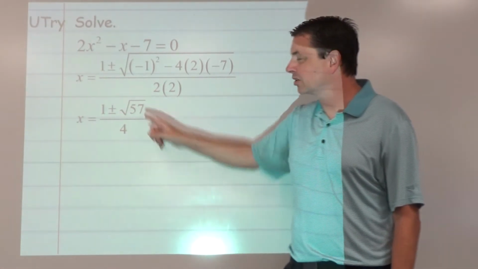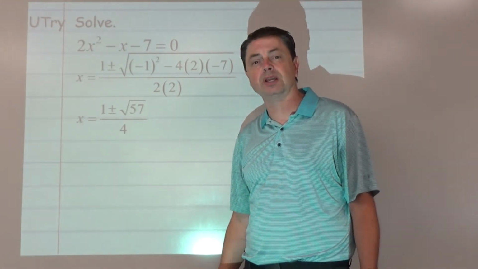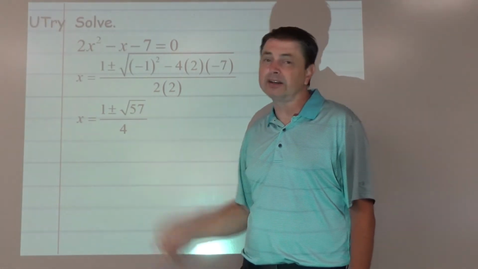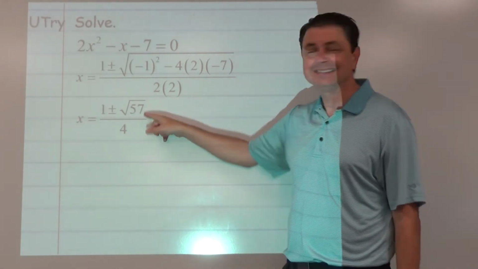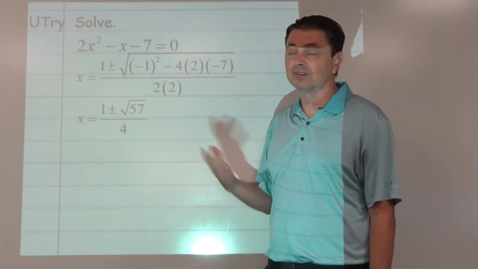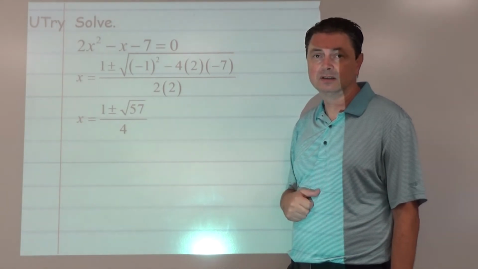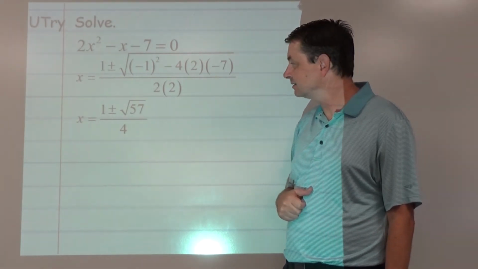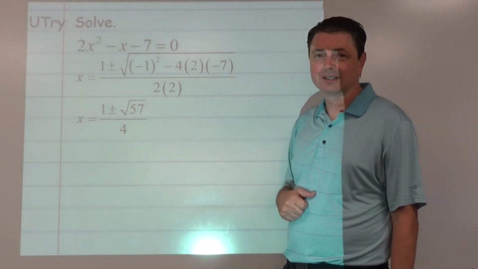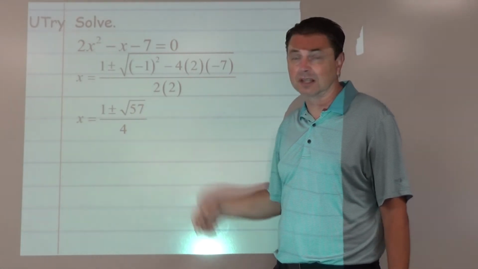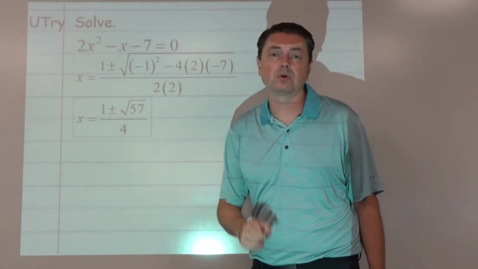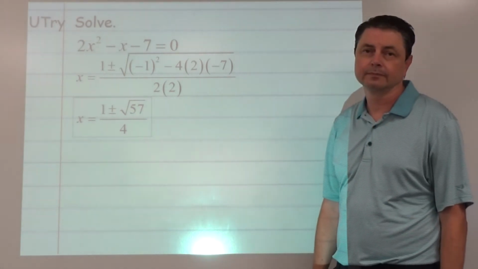But as far as are there any perfect squares that go into this? And it's an odd number, so it'd have to be odd. So we could skip 4, go to 9. 9 doesn't. 25 certainly doesn't. 49. And then already we're too big, so it can't be simplified, which means that's the answer. We'll box that and we're done.